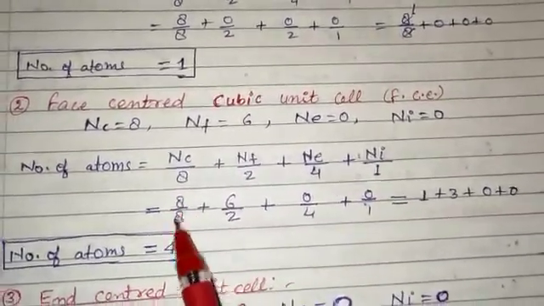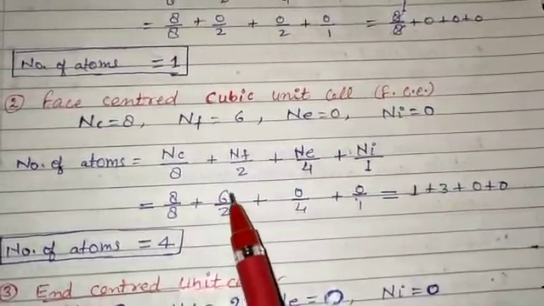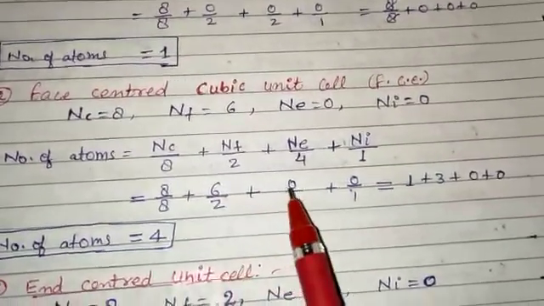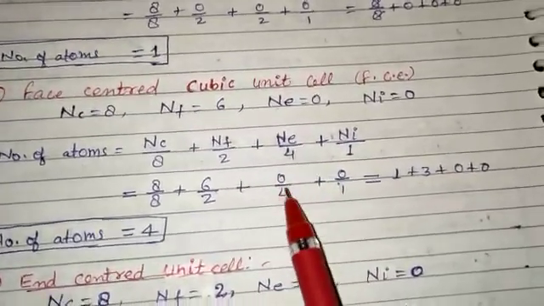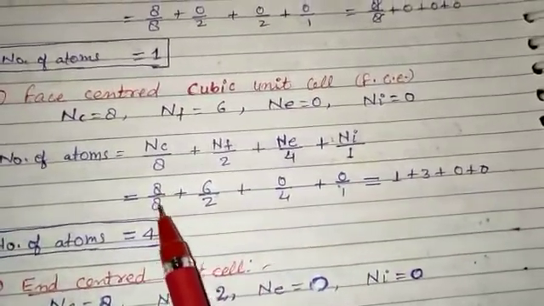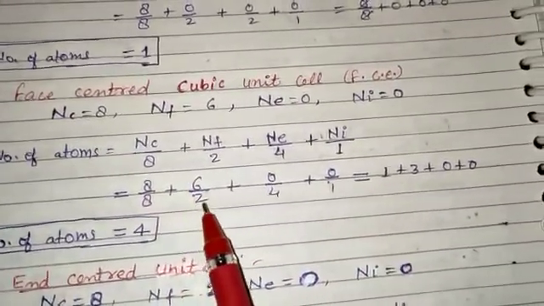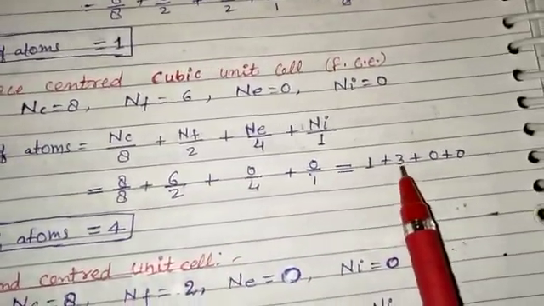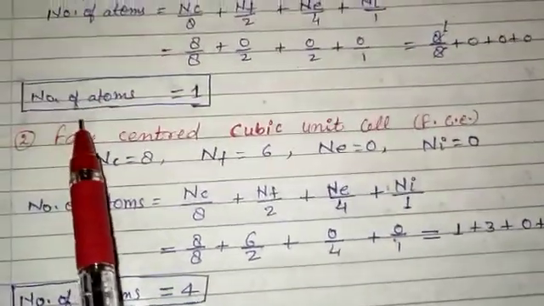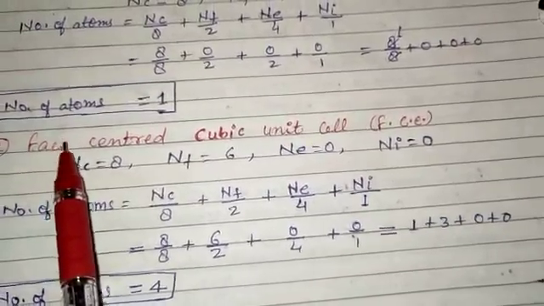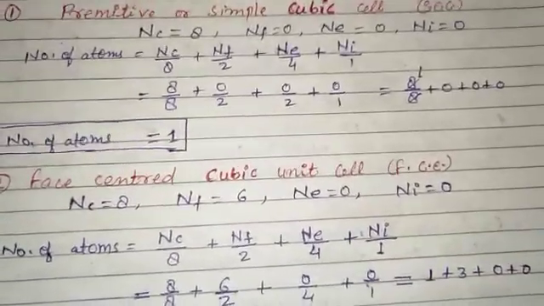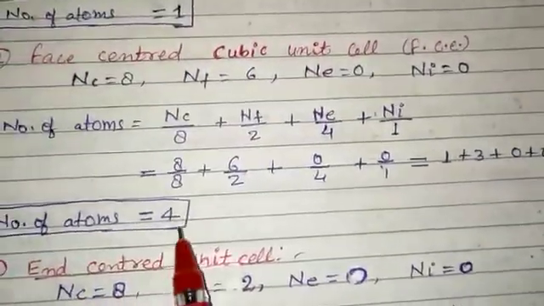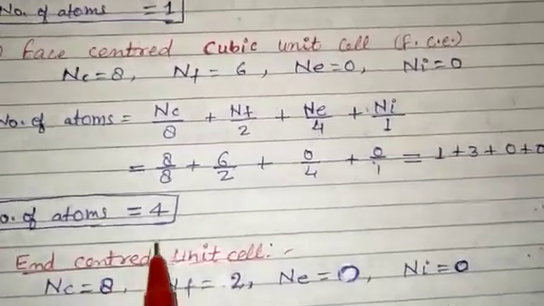So 8 by 8 is 1, and 6 by 2 is 3, and the other two are 0. So total 3 plus 1, 4. The atoms at the faces and corners total contribute 4 to the unit cell in the case of the face centered unit cell.